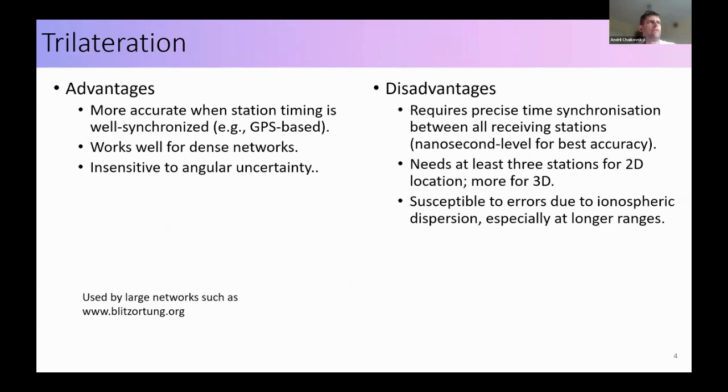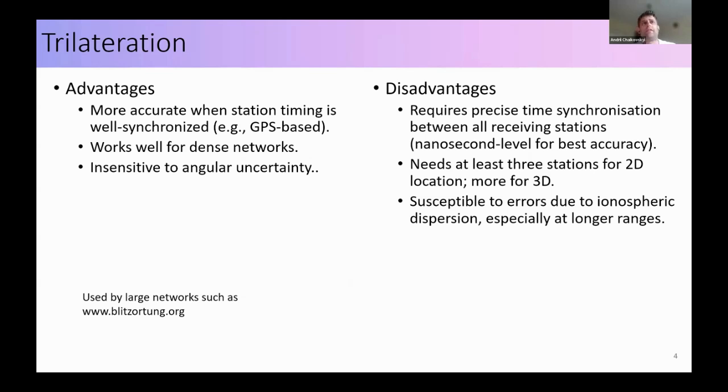For example, trilateration is more accurate when station timing is well synchronized. It works very well for dense networks if you have lots of receiving stations. It is insensitive to angular uncertainties of bearing finding.